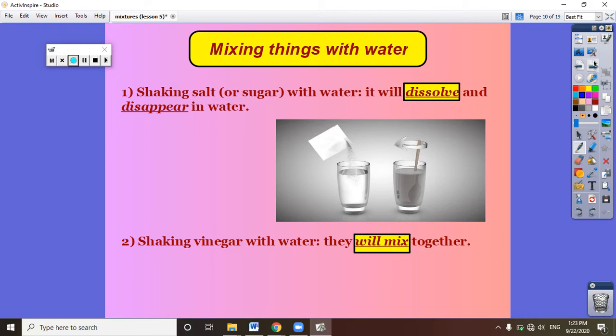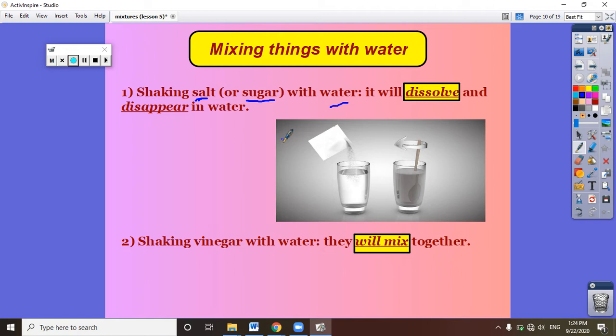Mixing things with water. We will mix something with water and see what will happen. If we mix salt or sugar with water and we stir, what will happen? We use what to make a salt and water mixture, which is solid-liquid? Yes, we can use shaking or stirring.